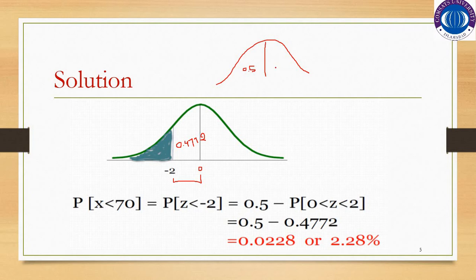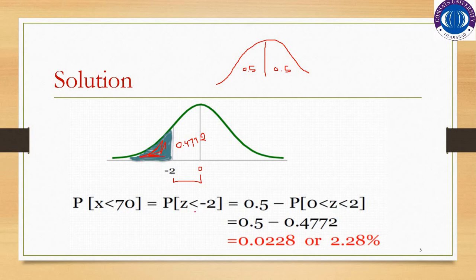This is 0.5 and this is 0.5. So the whole area is 0.5. If you subtract 0.4772 from 0.5, you will be left with this area, which is our required area. So all this area is 0.5, and by subtracting 0.4772, you will get the required area.